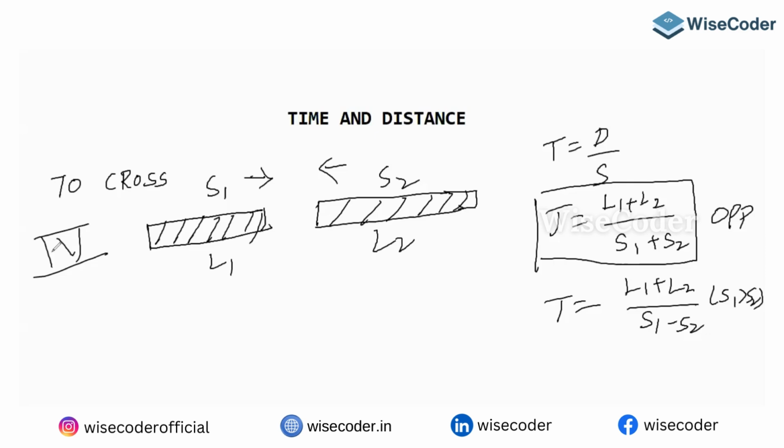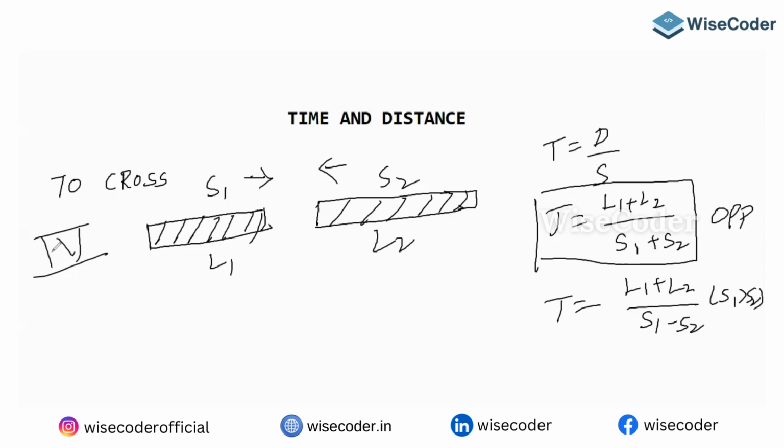Next thing is to cross a running man or a bus. Then how will the situation occur? Whenever you cross a running man or a running bus, compared to the train length, the length of that particular bus or man or scooter will be negligible.